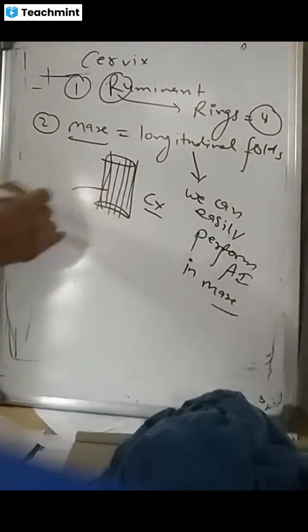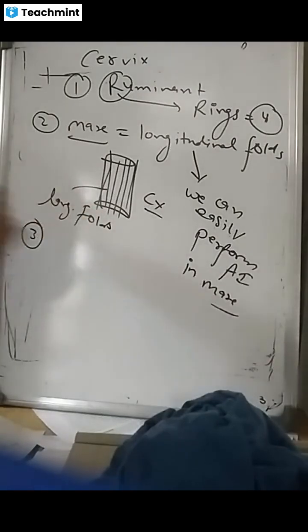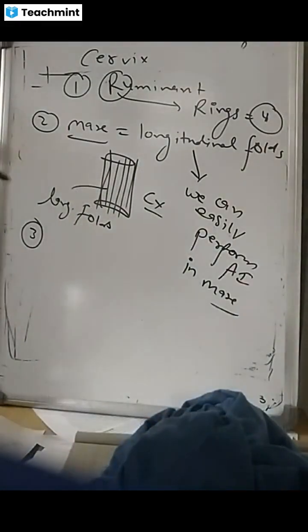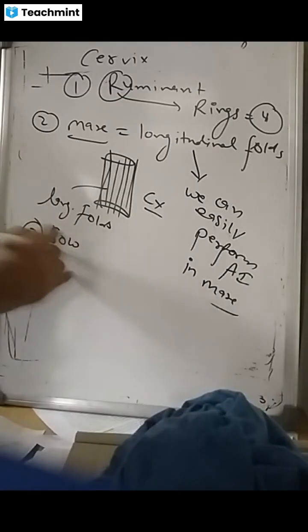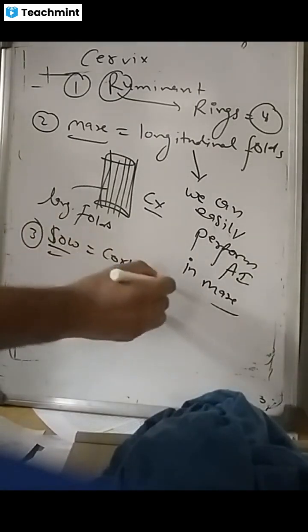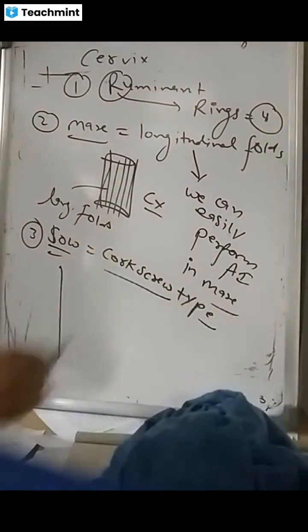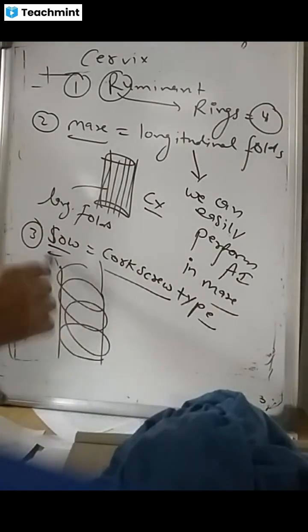These are longitudinal. Number three, the corkscrew type. If this is the cervix, these are the corkscrew type.